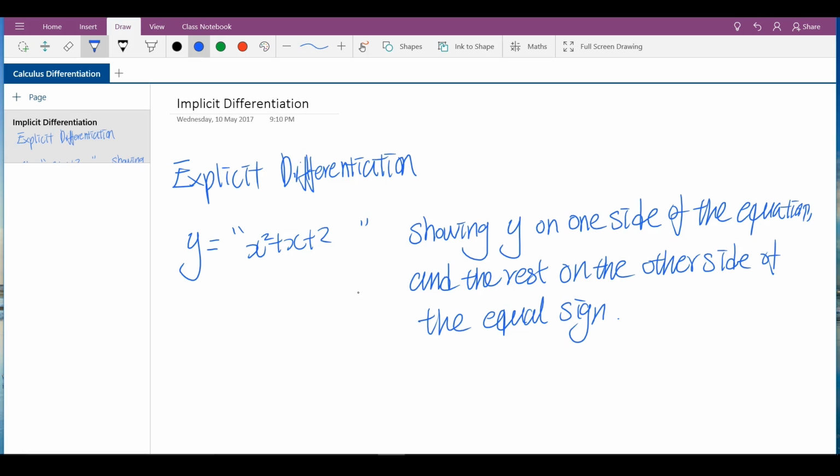So that is what we call explicit differentiation, deriving y equal to something.